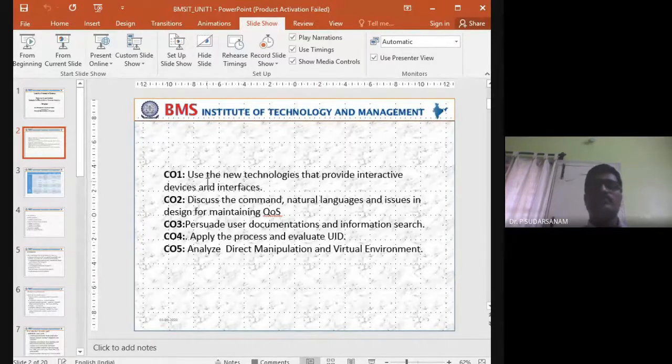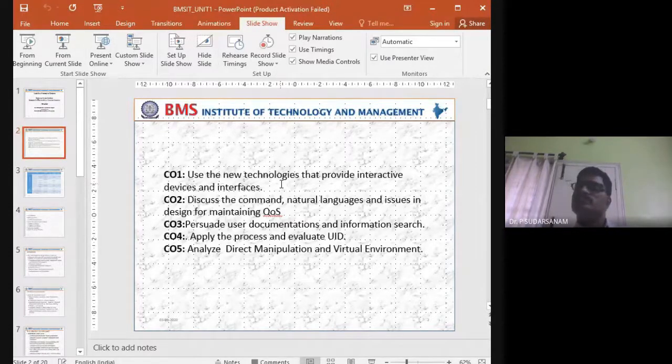That is what they use, the new technologies that provide interactive devices and interfaces. So how can we do the interaction and interfaces? Interaction is what we are doing, and interfaces is what they will be doing. For example, if you take Facebook, interactions are person to person, which we are doing.